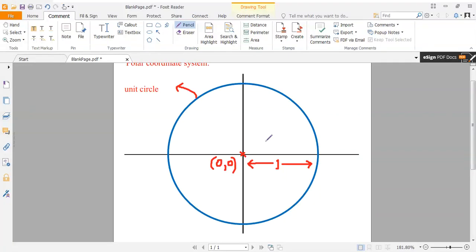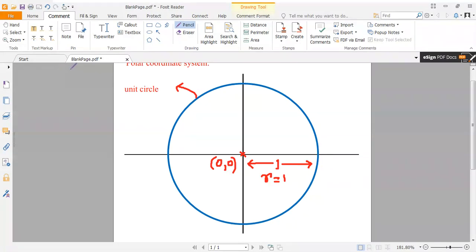It can be any unit you want, but it needs to be 1 unit. If you like centimeters, it's 1 centimeter. If you like inches, it's 1 inch. If you say 1 millimeter, it's 1 millimeter. That is of no concern to us. It's just 1 unit. So this is a unit circle if the radius of this circle is 1 unit, that is, r equal to 1.